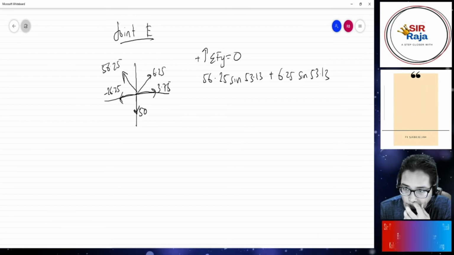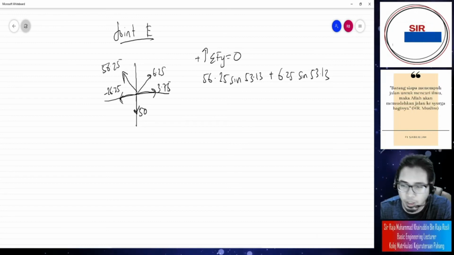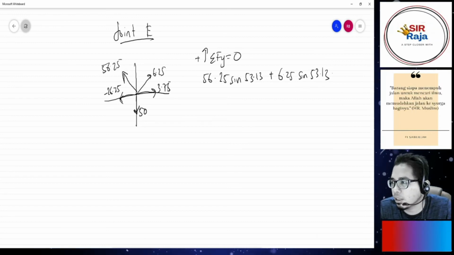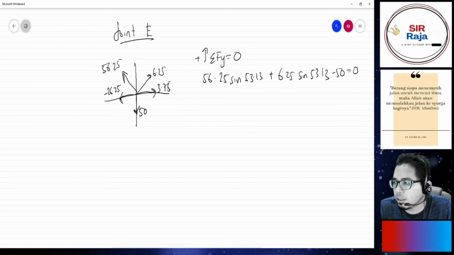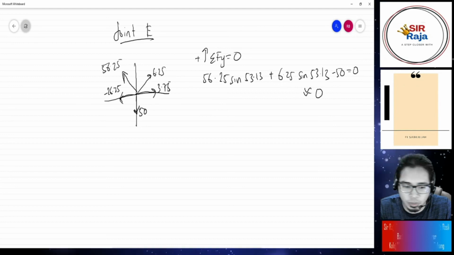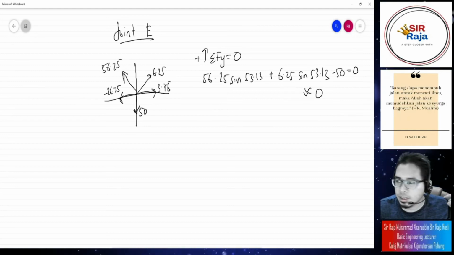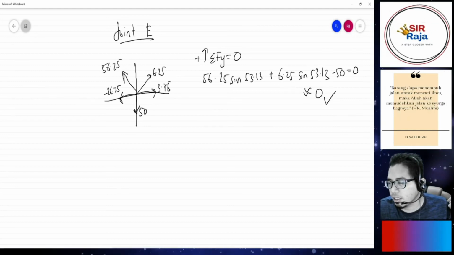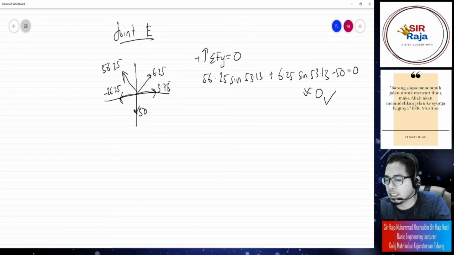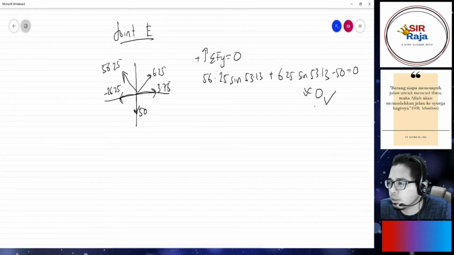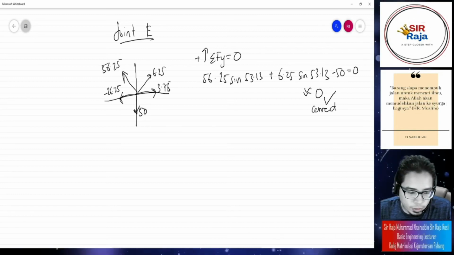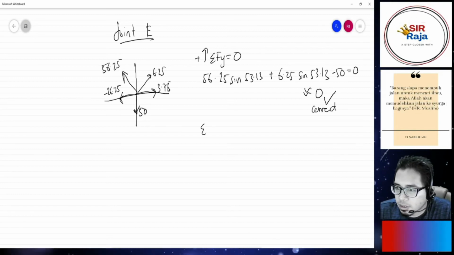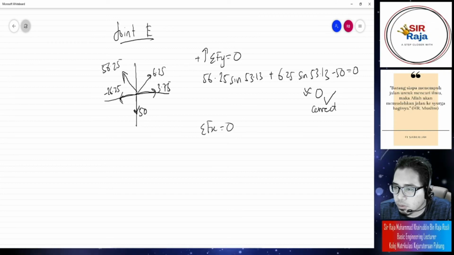And don't forget we have the y component, negative 50, and this is equal to 0, and you're gonna get your answer close to 0, and that is correct. I have checked it, and you can check as well, and you're gonna get close to 0. So this is correct.